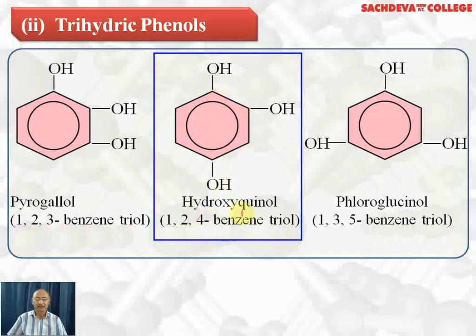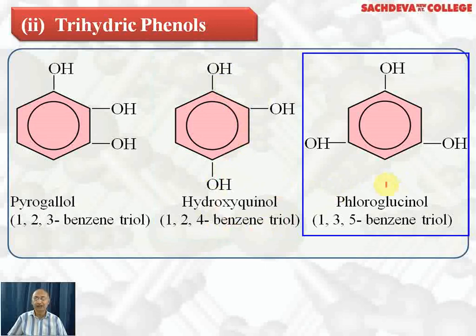Common name of this compound is hydroxyquinol. If we have OH groups at para position, it is called quinol. And the hydroxy group is there, so we call it hydroxyquinol. IUPAC name will be benzene-1,2,4-triol. 1, 2, 3, 4. So 1, 2, 4 is the position where OH group is attached.